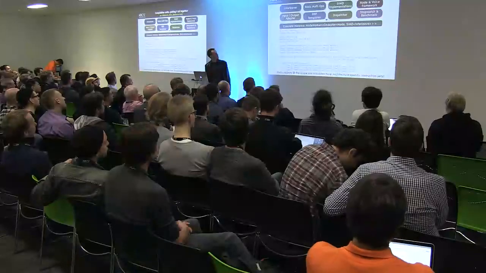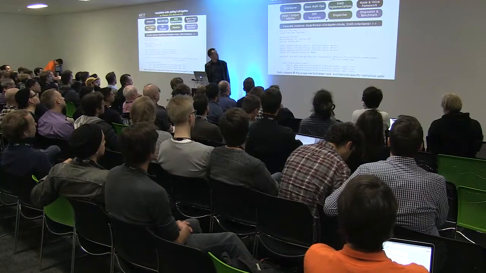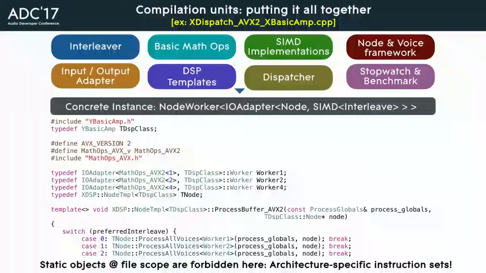So when we put it all together, we can instantiate all of this stuff into a concrete implementation. This example here is for the AVX instruction set and that basic amplifier example that you just saw.